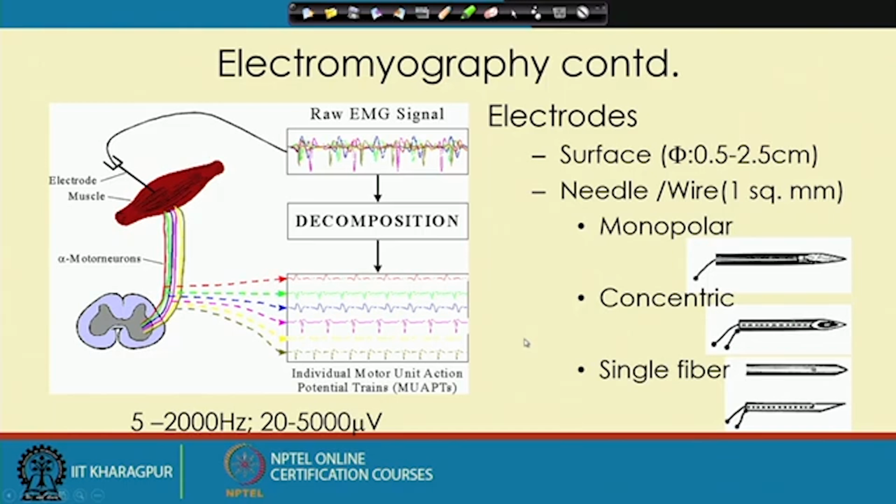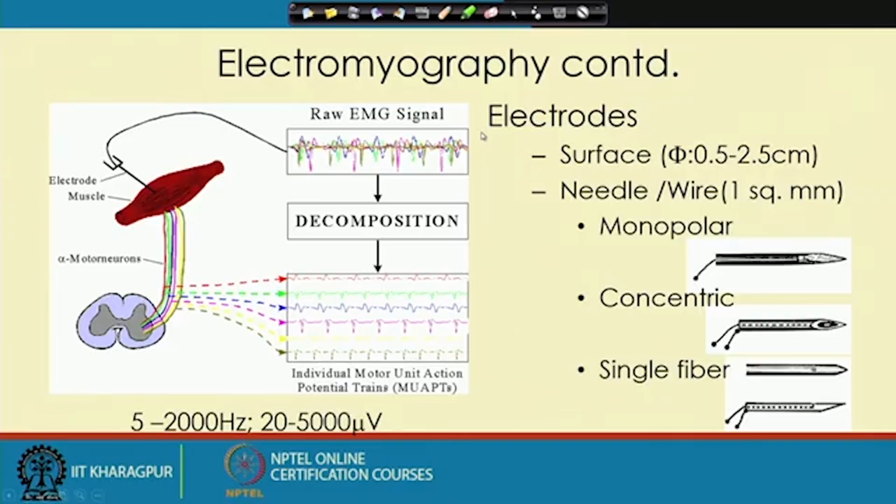The signals of multiple motor units are combined together and we get the combined signal. The combined signal will look a little busy, but if we could decompose it, we could get them separately, each having its own characteristics.